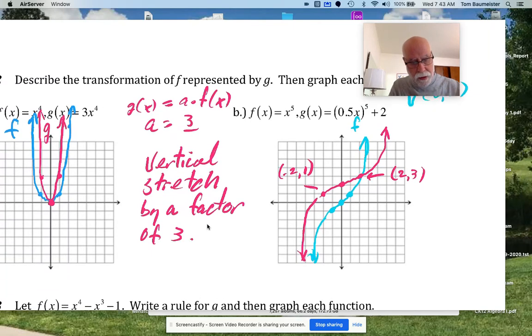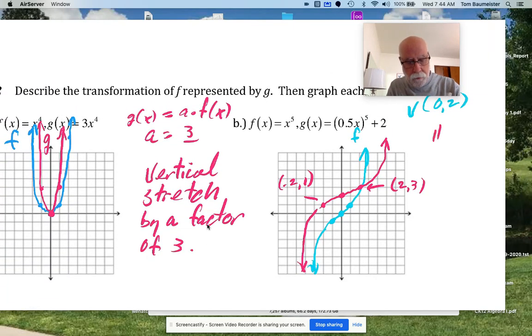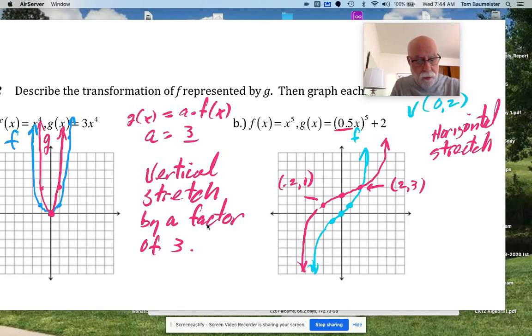Remember, this was a horizontal stretch, because remember, it was on the inside, so we had 1/2. But remember, since it's horizontal, it went to 2. All right. So again, 2 times 1.